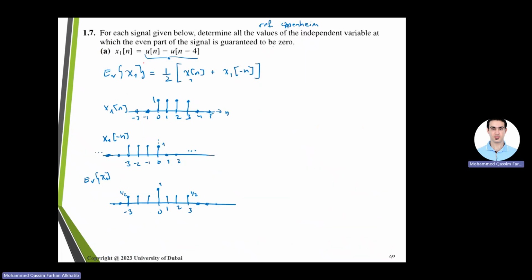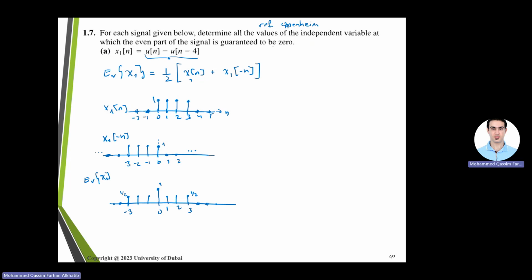Okay, last slide. For each signal given below, determine all the values of the independent variable at which the even part of the signal is guaranteed to be 0. And by the way, my questions in the exam will be straightforward. This one is playing with the words. What do you mean, the even part is 0?